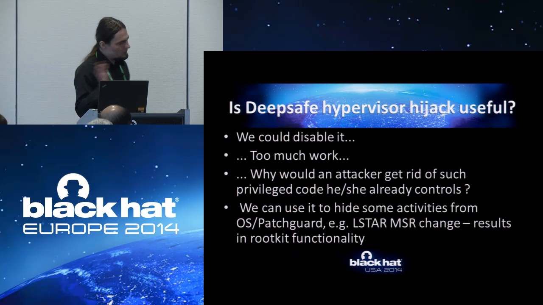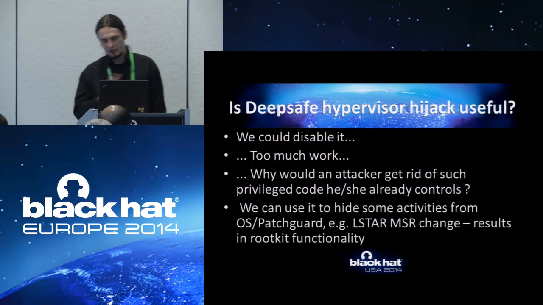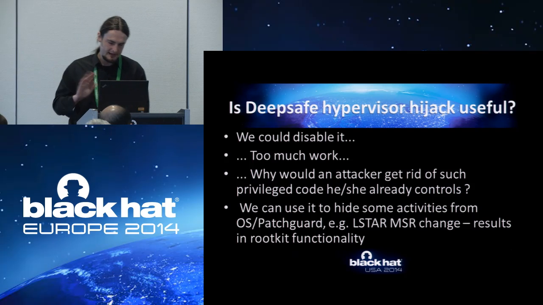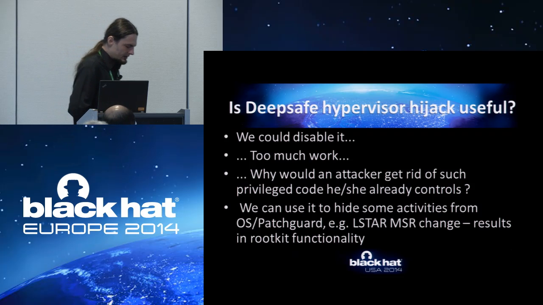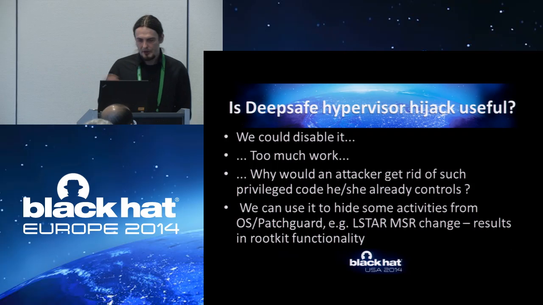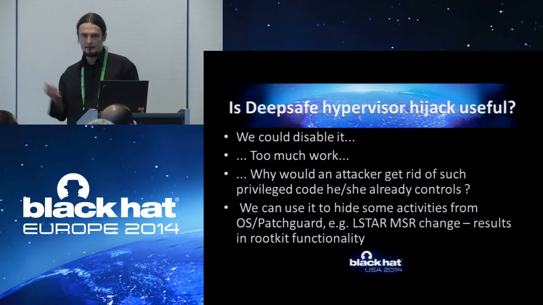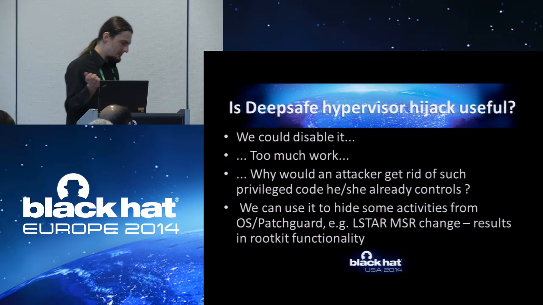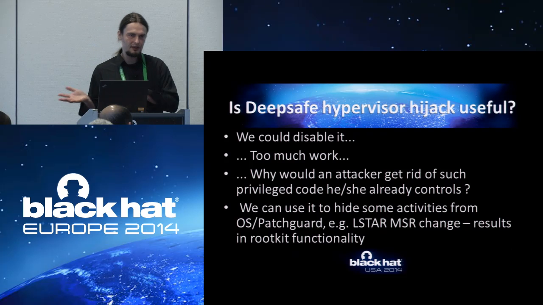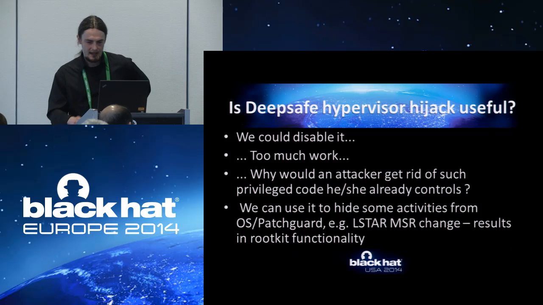I can tell it, no, there were no changes done to the crucial operating system data structures, so don't worry. I can do it because the hypervisor runs as more privileged code than the VM. Whenever PatchGuard tries to, for instance, read a model-specific register to see if it changed, the hypervisor intercepts this operation and feeds it the wrong value.